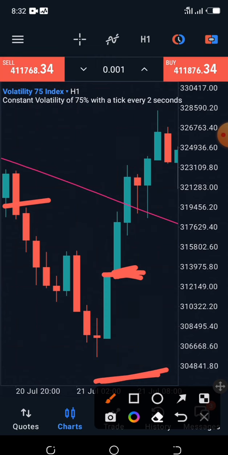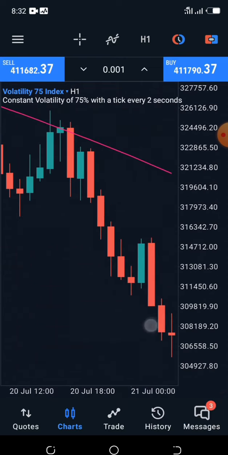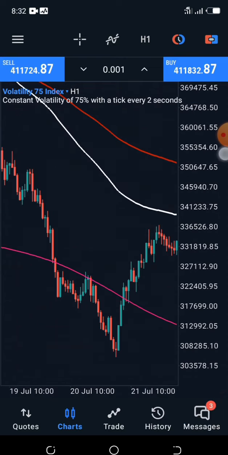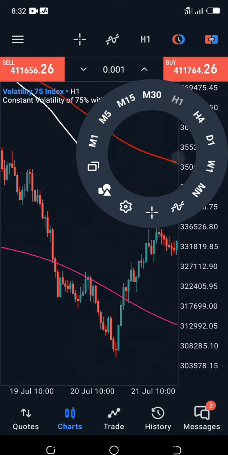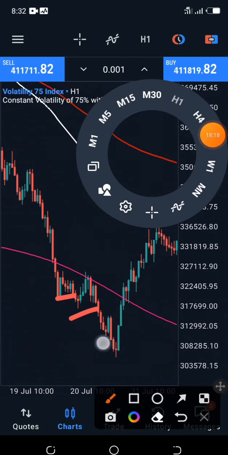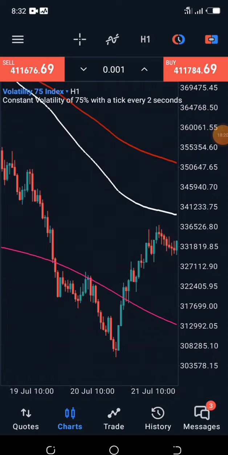Do you get that? If it goes after I enter the 0.005, four entries, and it didn't come down, I'm still profitable. You understand? Coupled with the fact that I have another entry that I have made from this point here. Do you get it? So that is how to use it.